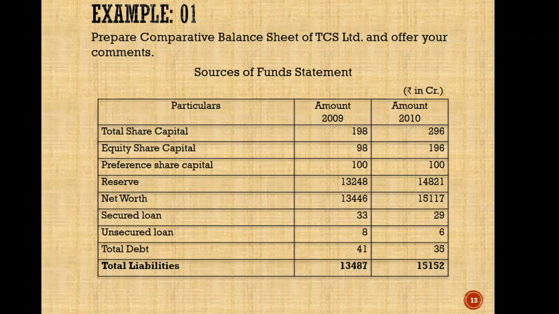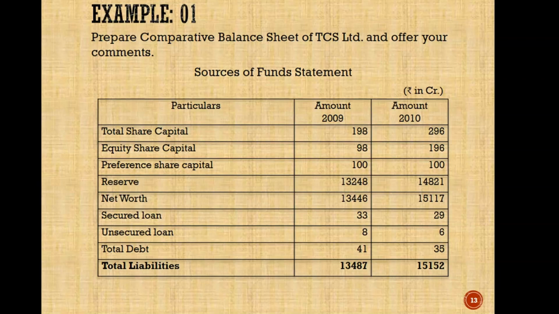So by looking at this particular sources of fund statement, we understood that yes, there is an increase in total liabilities of the organization. We can see that equity share capital has increased significantly. Then there is an increase in reserve of the company and a decrease in total debt. But only saying this is not sufficient.